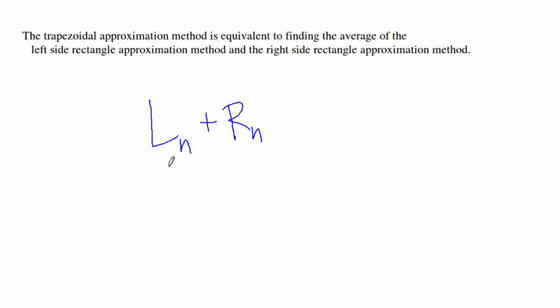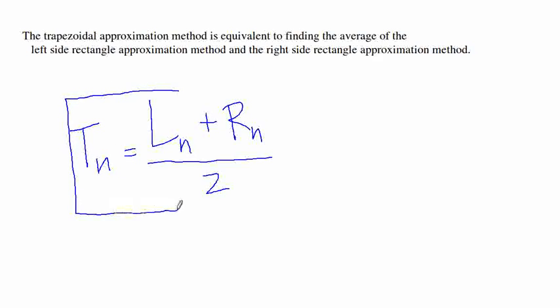Okay, and the average of those two values would be the sum divided by 2. That's equal to the value with respect to the trapezoidal approximation method for n trapezoids. That's often denoted by T sub n. Okay? So that is probably the nicest way that I know to present the trapezoidal approximation method so that it's easy for you to remember it. Okay?